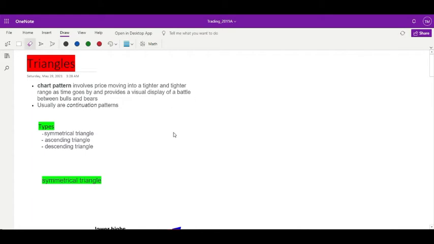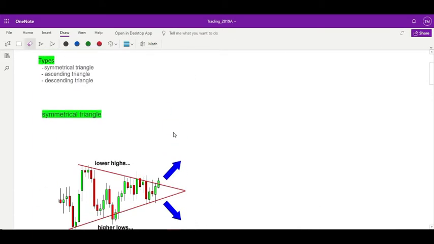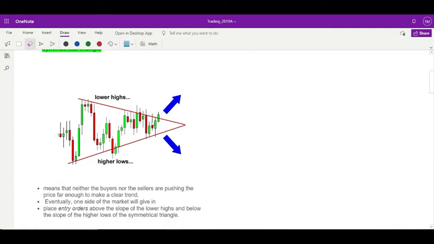So let's take a look at the symmetrical triangle. You can see this is a symmetrical triangle. The prices are bouncing here. Buyers and sellers are saying no, but as you can see, the prices are becoming tighter and tighter, going into a tighter range. So the question is, what will happen?